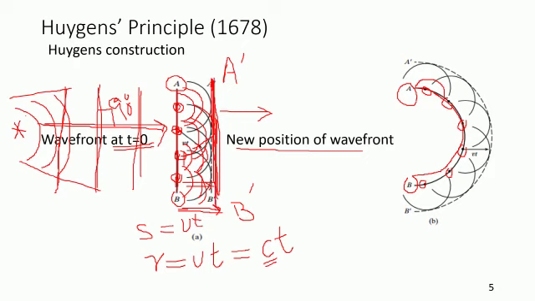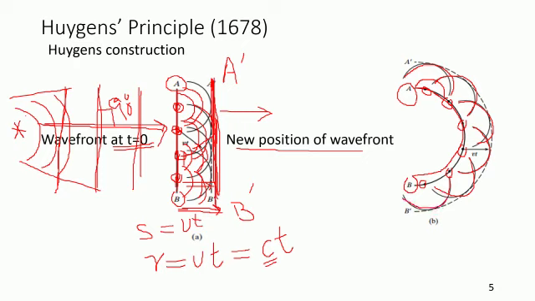One of the wavefronts is shown over here, which is being generated by this point. Likewise, this point can generate a new wavefront according to Huygens of its own, and likewise all the points can produce secondary waves or secondary wavelets.